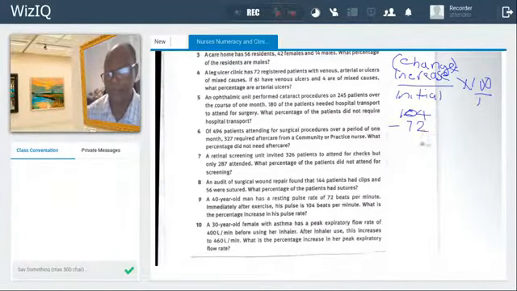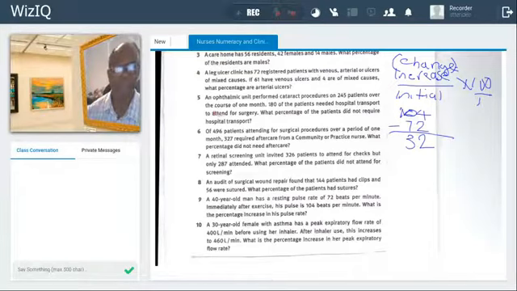So 4 take away 2 is 2. 0 take away 7 is not possible. So we're going to borrow 1 from here, and there's nothing remaining. 10 take away 7 is going to be 3. So this is the change. This is the increase. So the increase is 32.